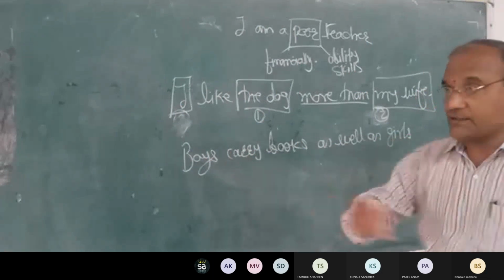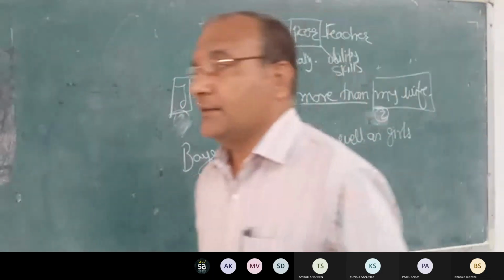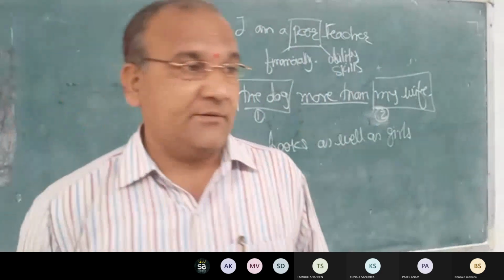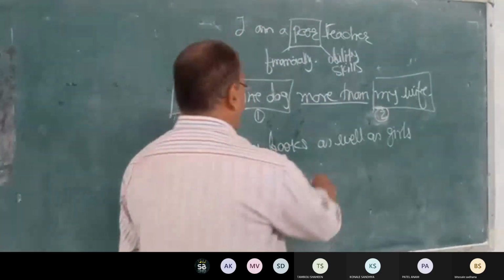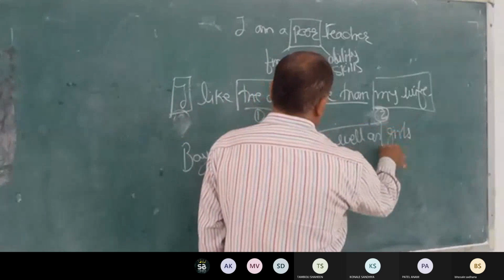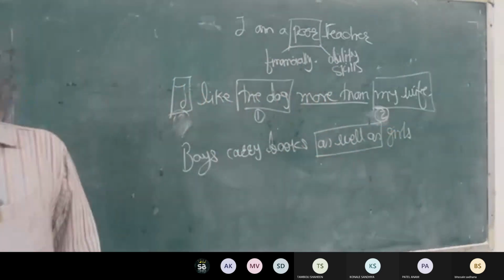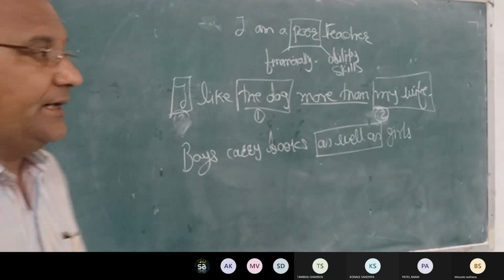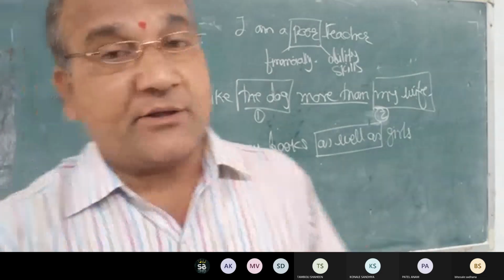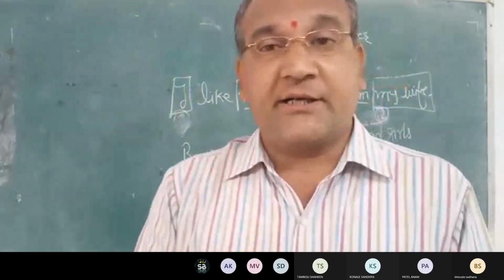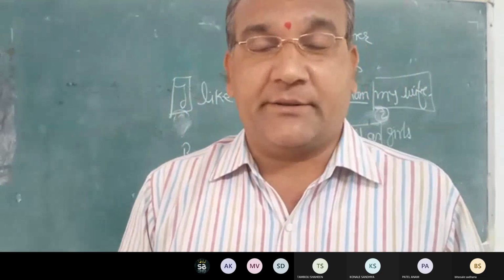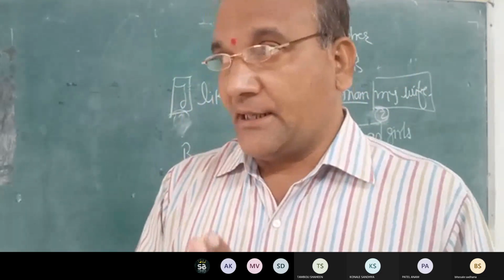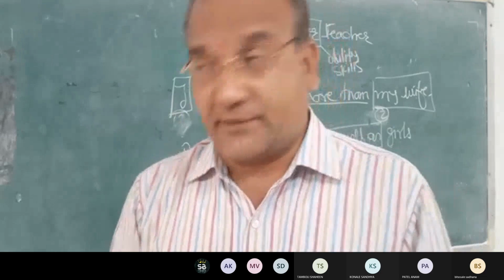Boys carry books as well as girls. The ambiguity arises because of the conjunction as well as. Generally, a conjunction combines two nearby words.